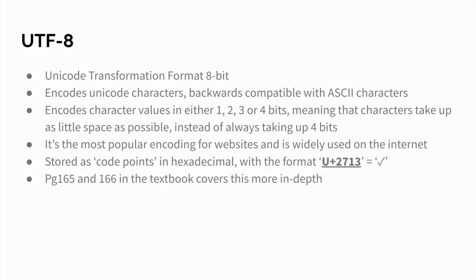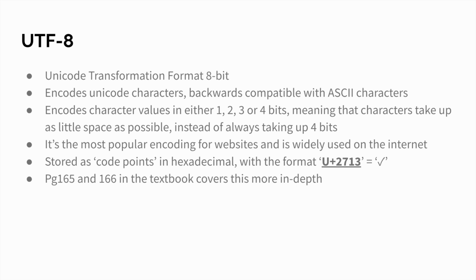It encodes our Unicode characters, and it's also backwards compatible with our ASCII characters, which is one of the major benefits of UTF-8 encoding. It encodes our character values in either 1, 2, 3, or 4 bytes, meaning the characters take up as little space as possible instead of always taking up 4 bytes. It's the most popular encoding for websites, and it's widely used on the internet.